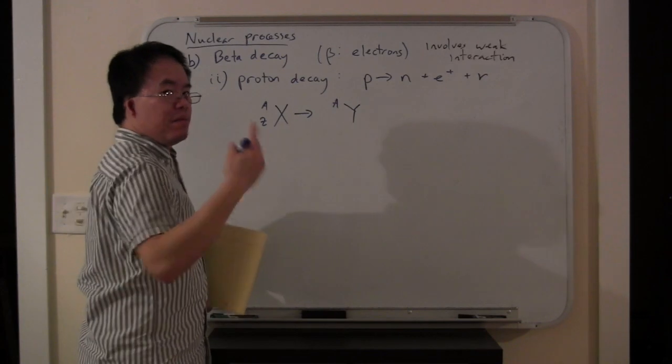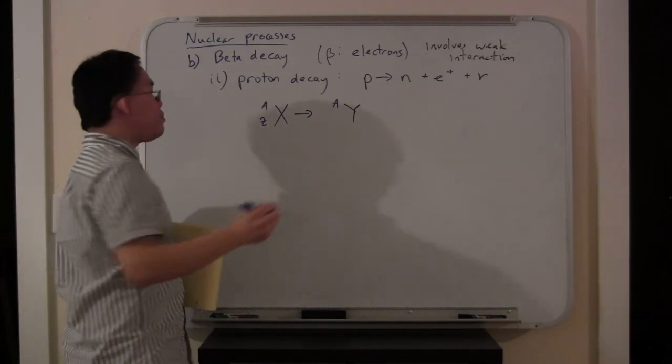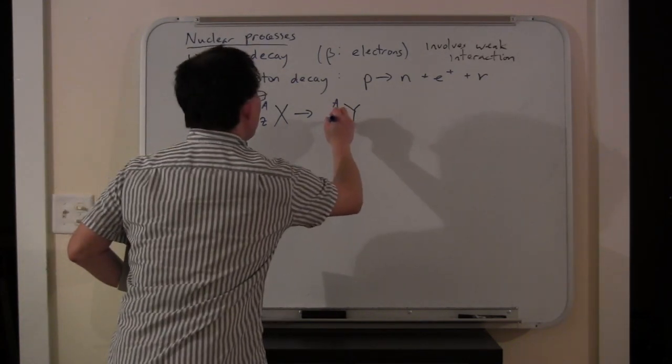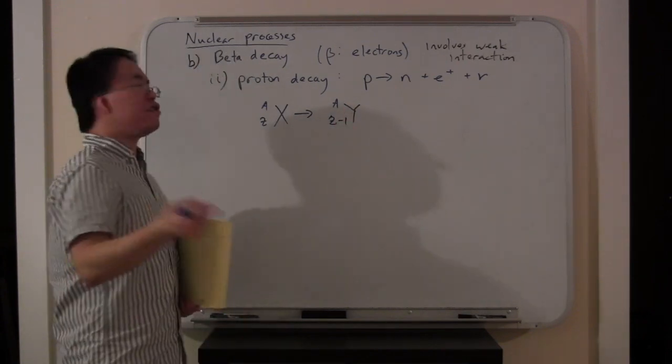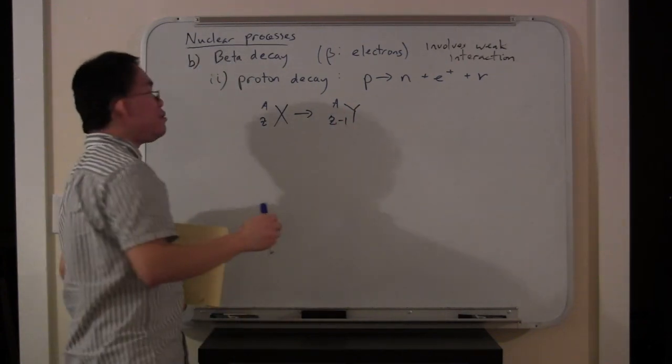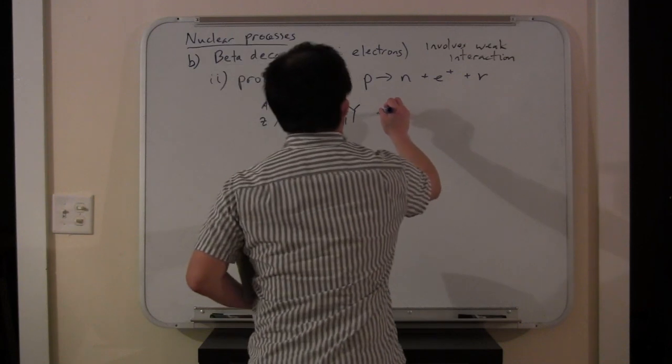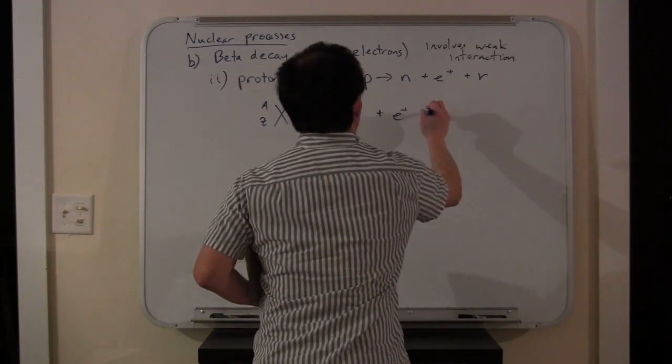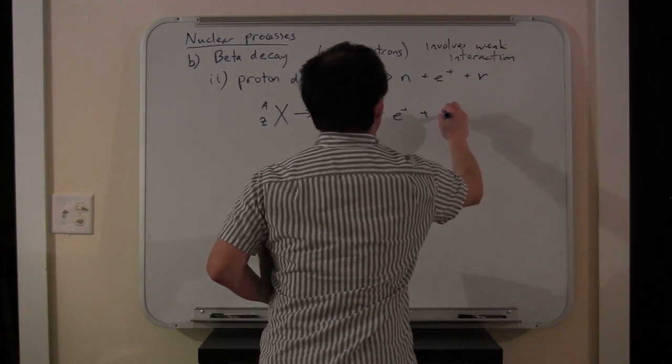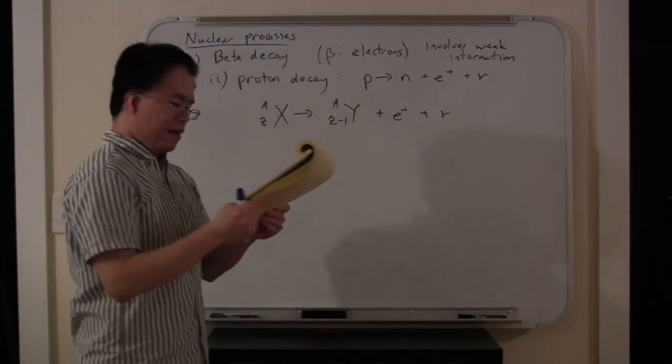Once again, the mass number stays constant, but now the atomic number goes down by 1 since we're converting a proton to a neutron, and then we get our positron and our neutrino out.